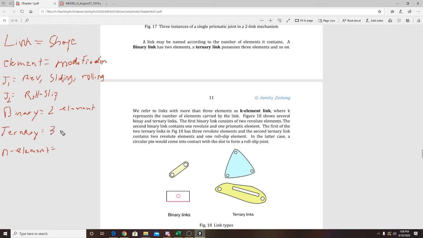Ternary is 3 elements. And n element is, as it says, more than 3. So 3 plus n, essentially, whatever it is. 3 plus 1 plus 2 plus whatever is an n element.